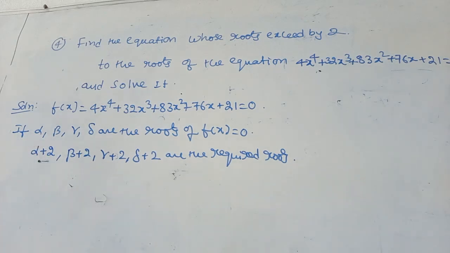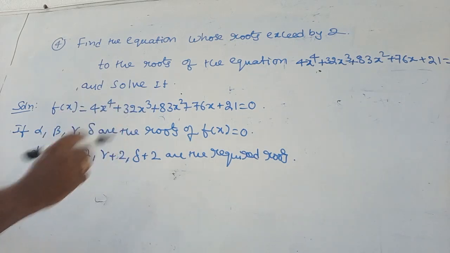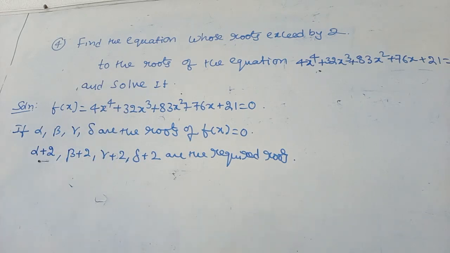This is what we are having here. Alpha plus 2, beta plus 2, gamma plus 2 and delta plus 2 are the required roots we need to get.